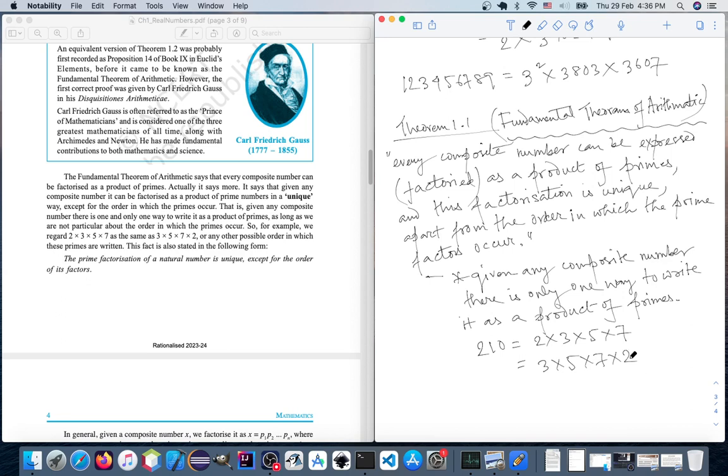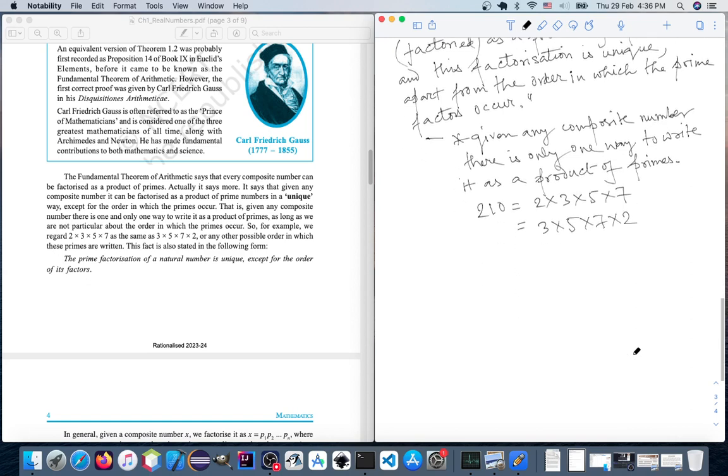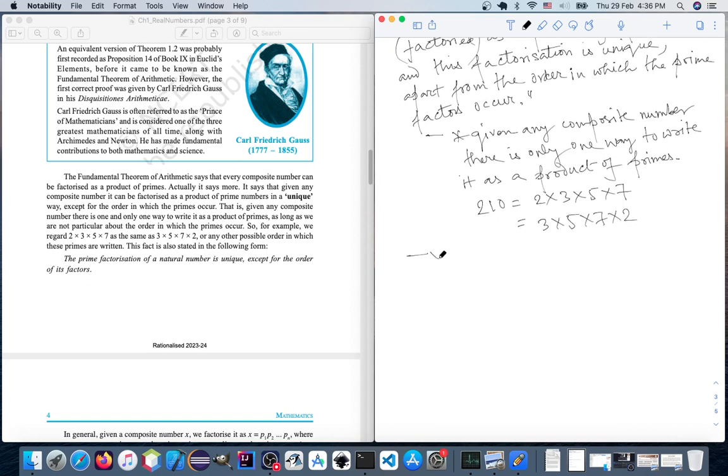This fact is also stated in the following form: the prime factorization of a natural number is unique except for the order of its factors. Okay, we should write it down.